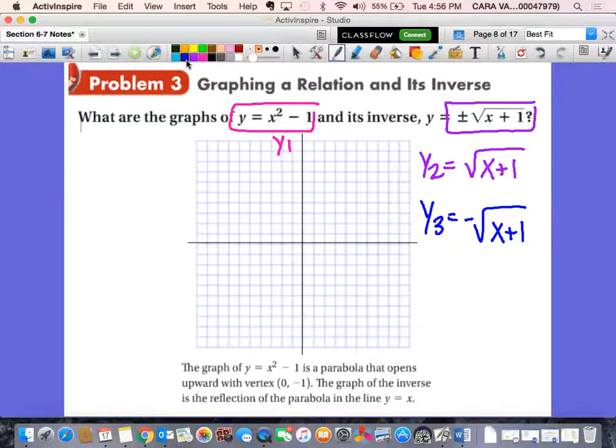Now, if you can graph this without a calculator, awesome. If you want that calculator just to be 100% sure, I definitely would get that out if I were you. So when you graph these, it will look like so.